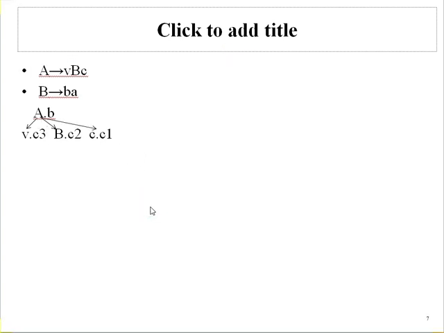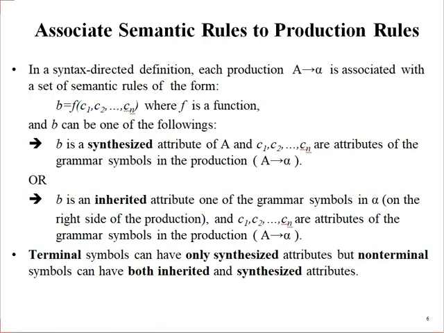The attributes C1, C2, C3 are attributes of the grammar symbols in the production rule A derives alpha, and B is a synthesized attribute of A.